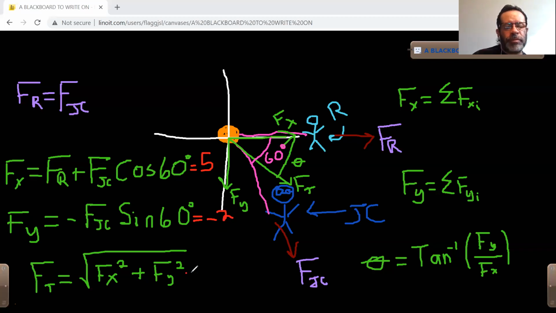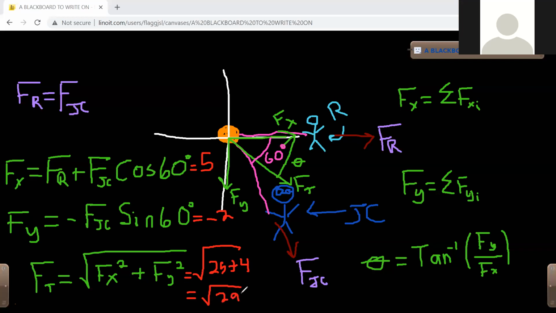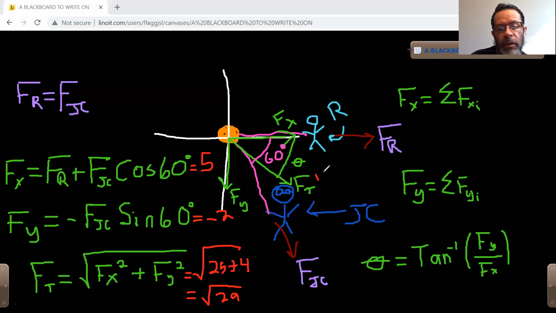So the total force would be the square root of 25 plus 4. You would do this calculation, right? Right. 29. Okay. That would be the total force, the one that's going here. But you need to know in what angle that force is going, okay?